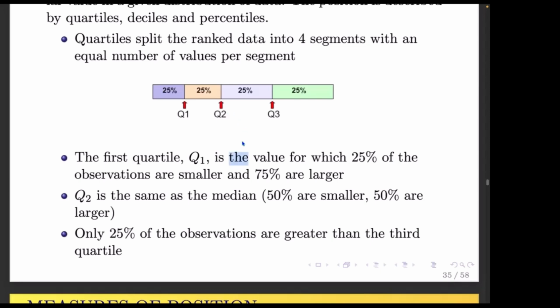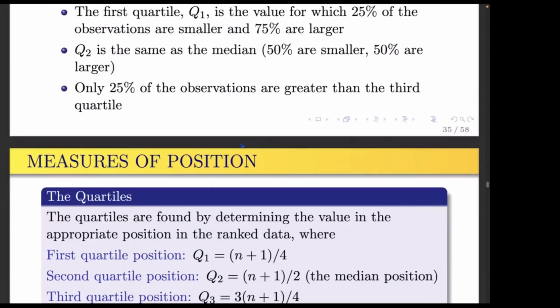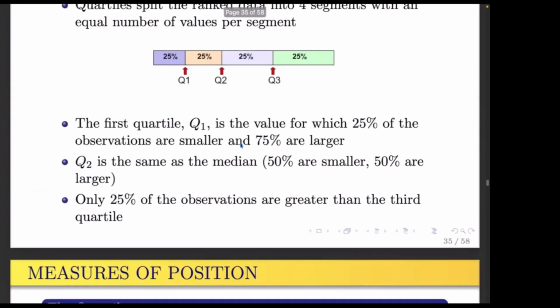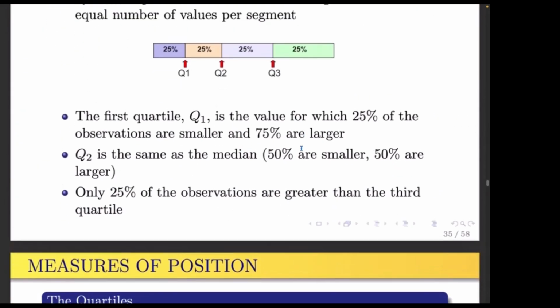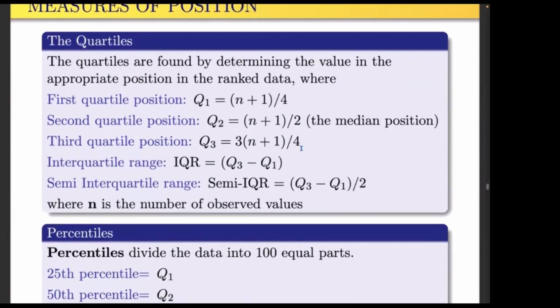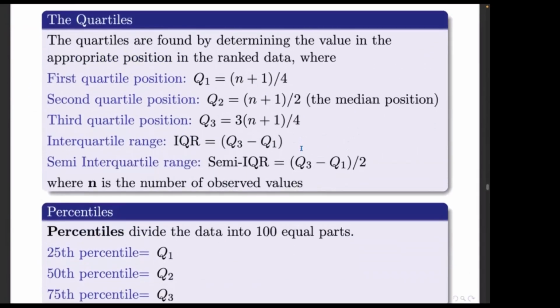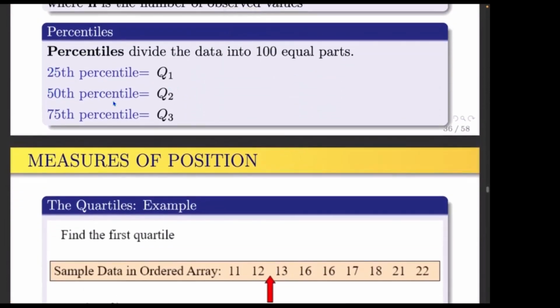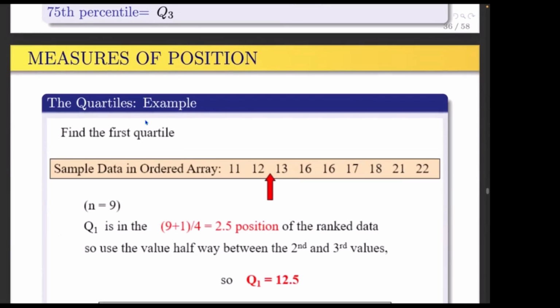It's also the same as the 50th percentile, and it's also the same as the 5th decile, which is D subscript 5. And then the third quartile is the same as the 75th percentile. So we can see here what I said earlier.